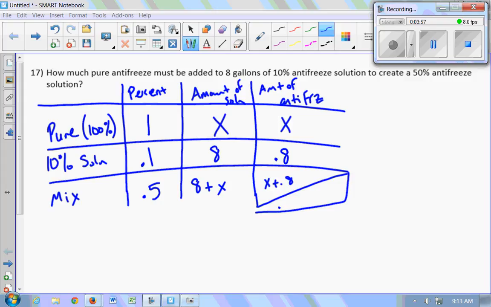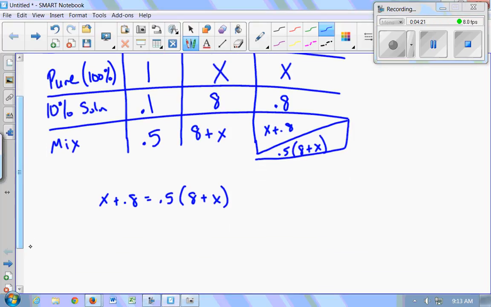So I could do 0.5 times (8 plus X). Two ways of calculating the exact same number, which means they have to be equal. So that's going to be my equation: X plus 0.8 is equal to 0.5 times (8 plus X). And then we just solve this equation.